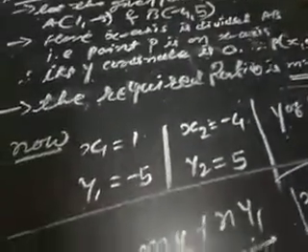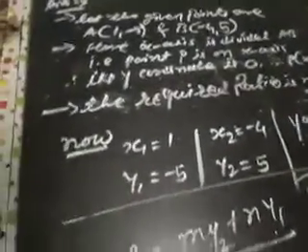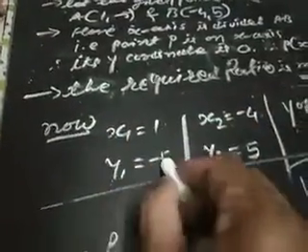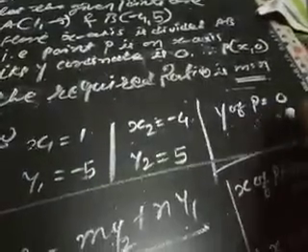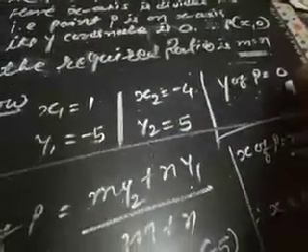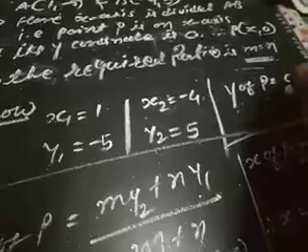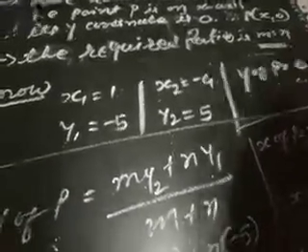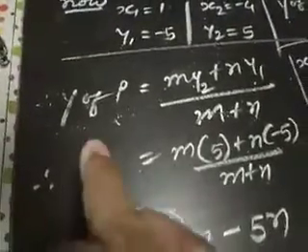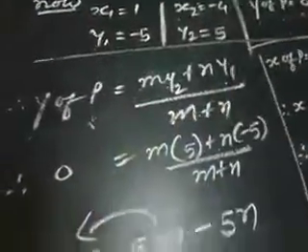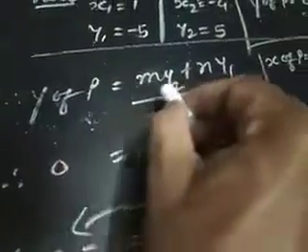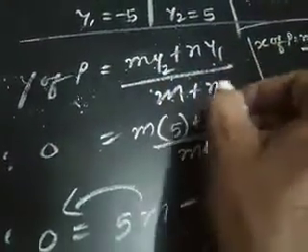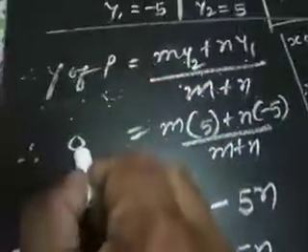The required ratio is m:n, that we find here. So x1 is equal to 1, y1 is equal to -5, x2 is equal to -4, y2 is equal to 5, and y of P is 0. We can find the ratio by either coordinate. So y of P is equal to (m y2 plus n y1) upon (m plus n), and y of P is 0.